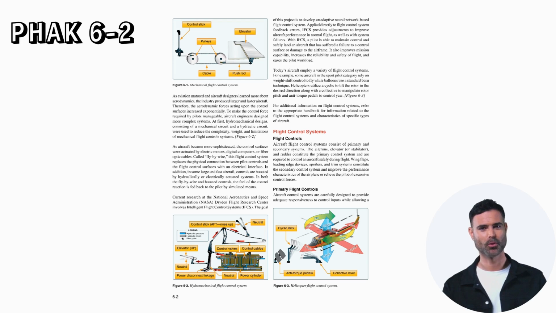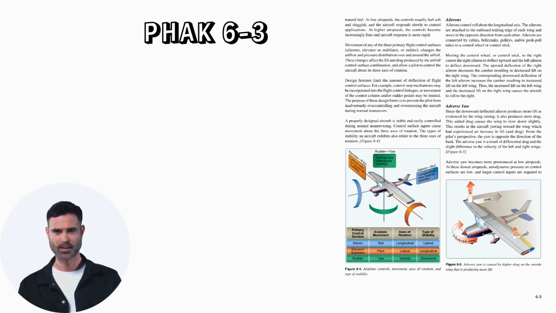Primary flight controls. Aircraft control systems are carefully designed to provide adequate responsiveness to control inputs while allowing a natural feel. At low airspeeds, the controls usually feel soft and sluggish, and the aircraft responds slowly to control applications. At higher airspeeds, the controls become increasingly firm, and aircraft response is more rapid.